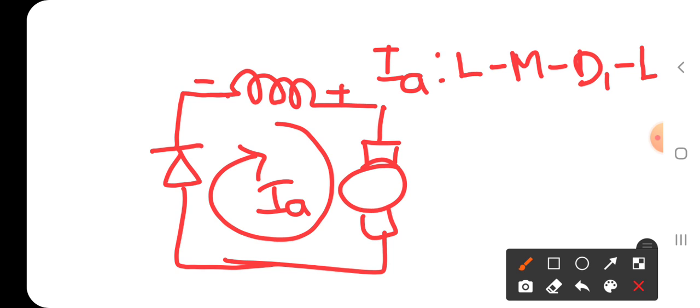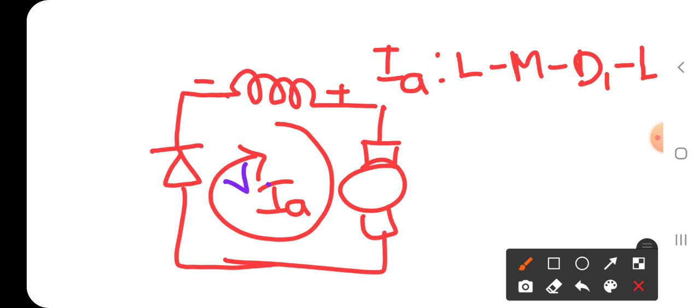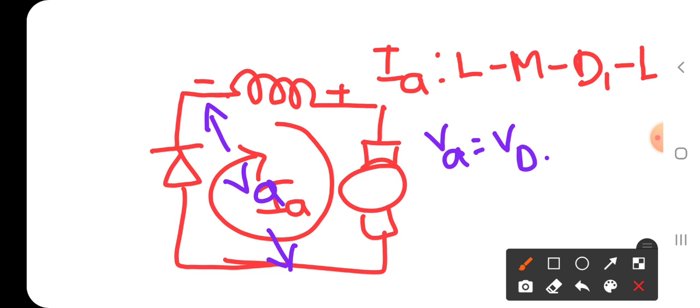Now what about VA? Here VA is the voltage across the diode, VD1, which is equal to 0. The current decreases in the forward direction and tends to 0.